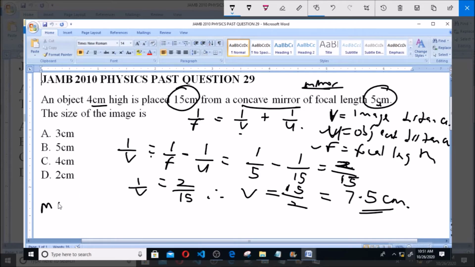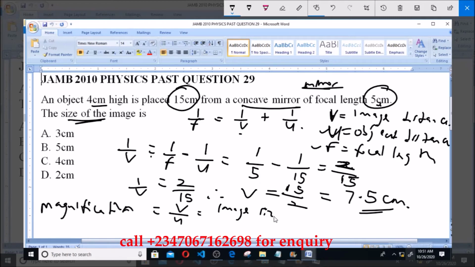Now magnification, to get the size of the image, you use the magnification formula, which is equal to v over u, that is image size over the object size. So now we have two sets of values to work with.